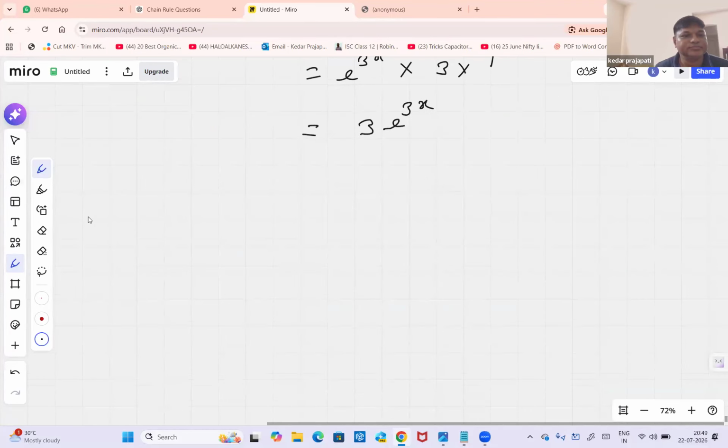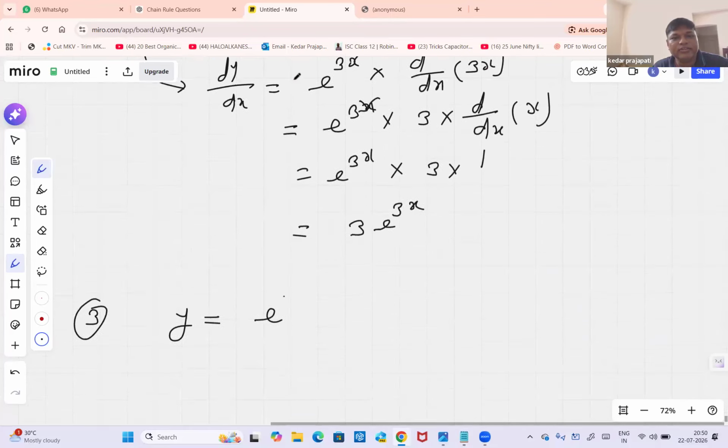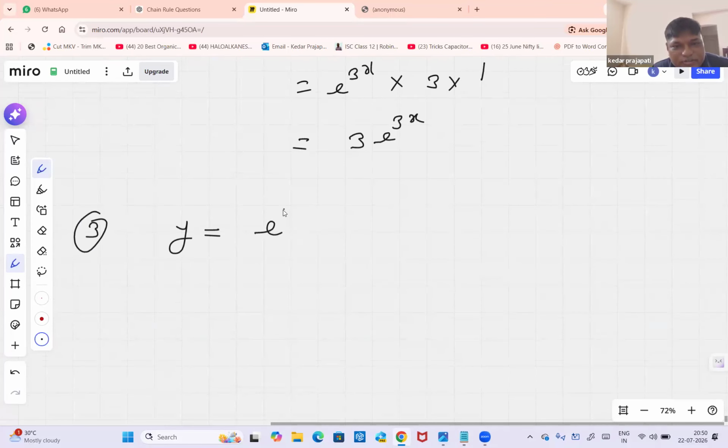Now third, y equal to e to the power. Last time what you did was 3x. Here some other quantity will come in place of x. Suppose in place of x, x square is coming. So what we have to do, think this is x.